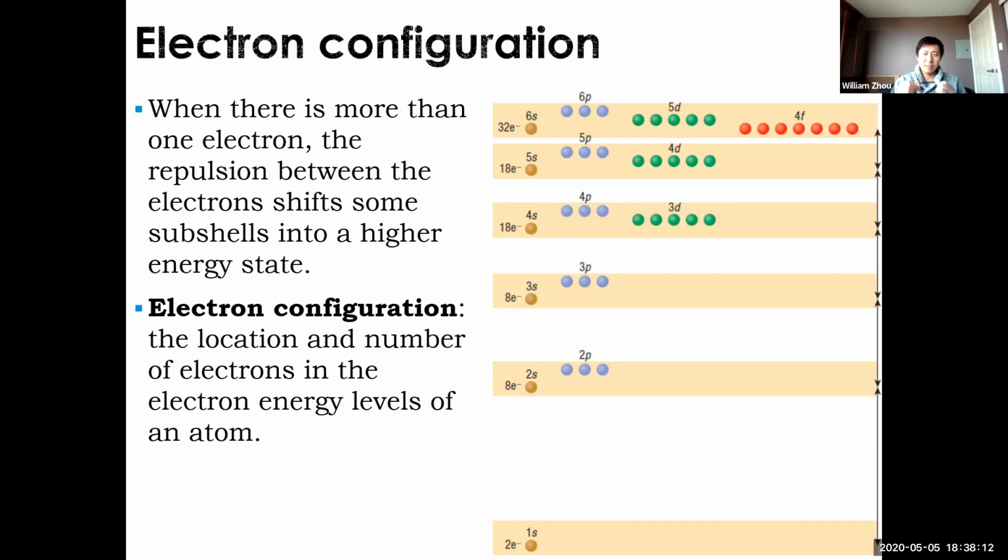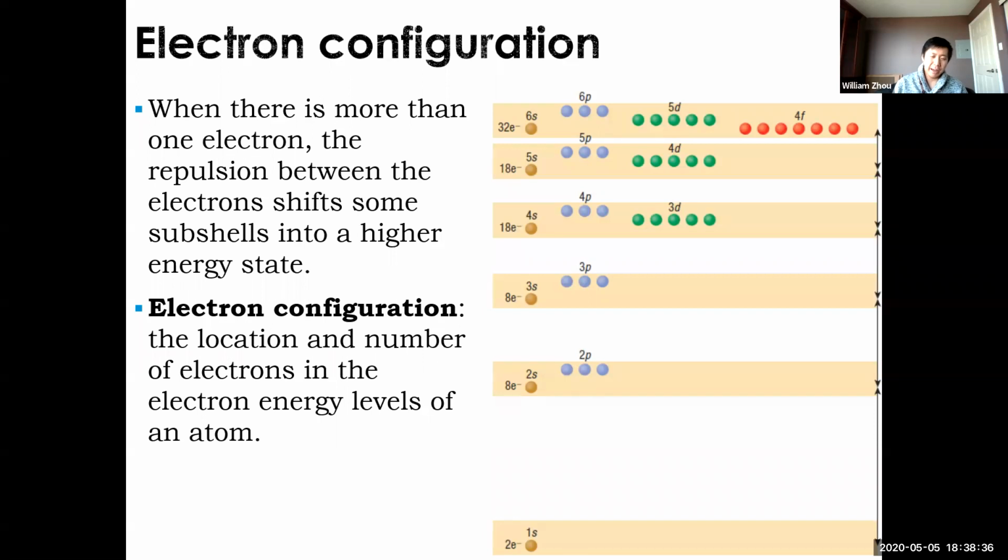The next shell, you have 3s, 3p, but where is 3d? In the third level, there should be s, p, and d. Well, you can find 3d in the next level. It's beside 4s and 4p. In fact, 3d has such high energy that it exceeds the energy of 4s.